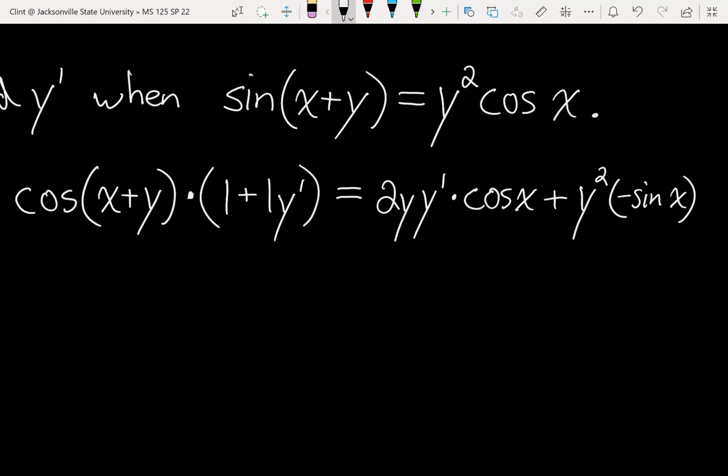Okay. So, as long as you're careful, that part's not all too terrible. You do have to remember the y prime part, since we're doing implicit. Then we want to solve this thing for y prime. So the algebra gets a little messy here.